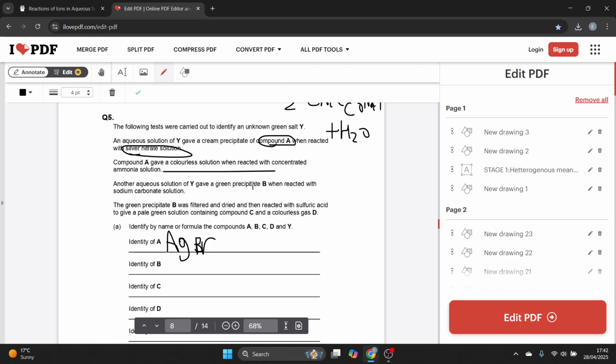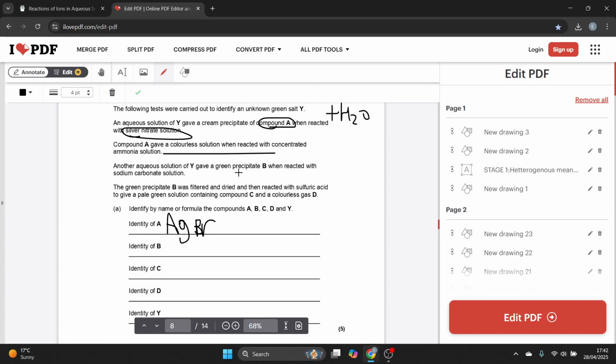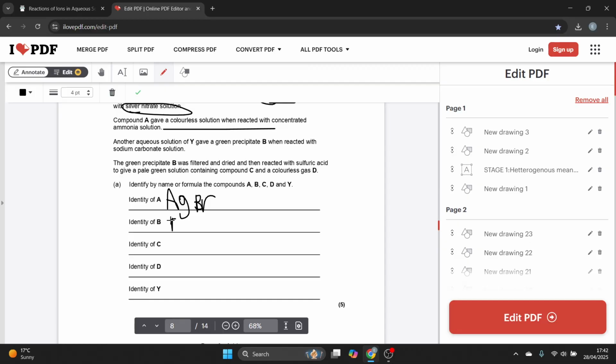Okay, so I'm going to recall my formulas from reacting with sodium carbonate, CO3 2-, and I know I'm going to get a green precipitate B. Well, the only one where I get a green precipitate is with Fe(H2O)6 2+, and therefore that tells me B is FeCO3. And then C is when the green precipitate is filtered, dried, and reacted with sulfuric acid.